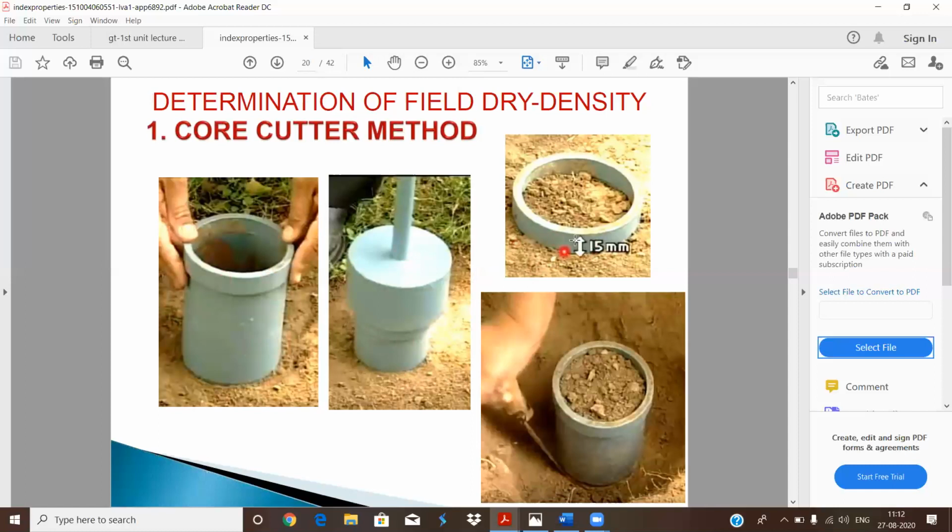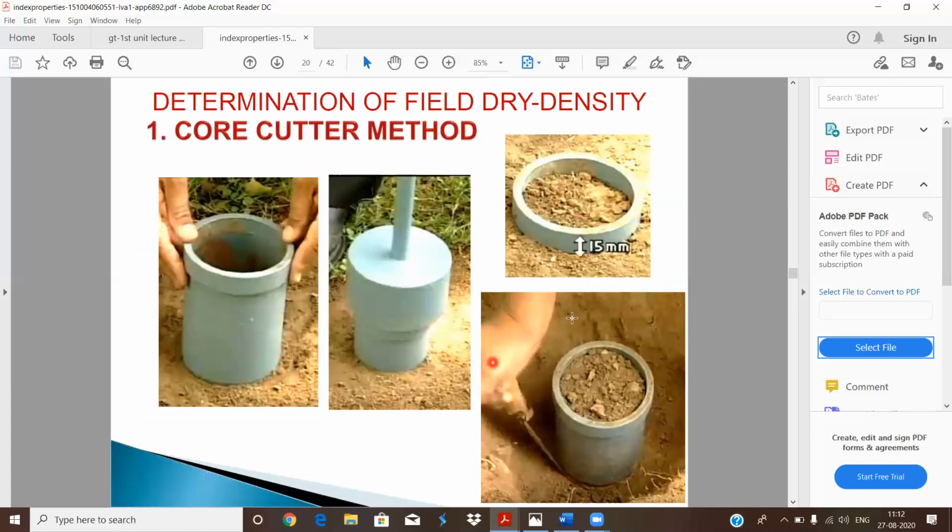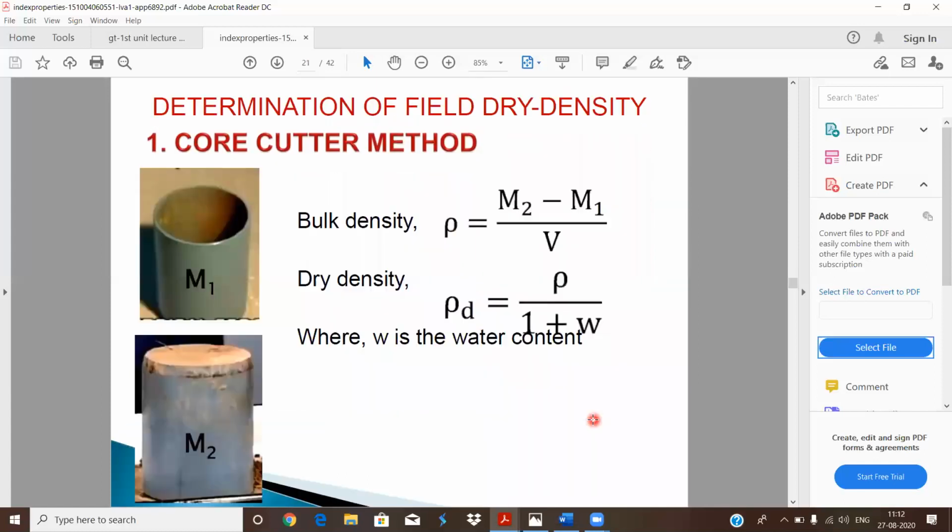Whenever 15 mm of it is remaining, we stop the procedure, remove the surrounding soil from the pit, and take the cutter to the lab. There, any excess soil present in the dolly and at the top of the core cutter is struck off with a cutting edge or any other tool to remove the excess soil from the surface.